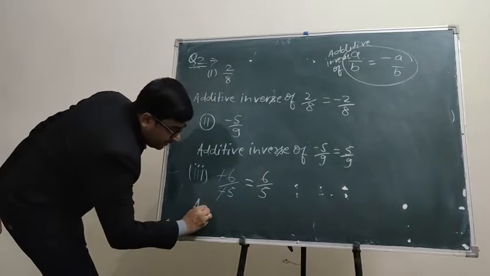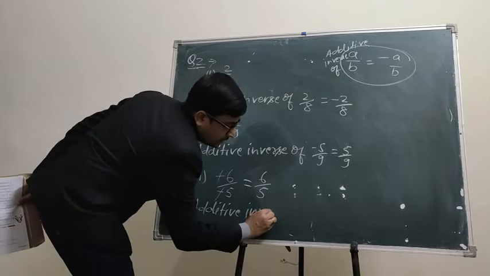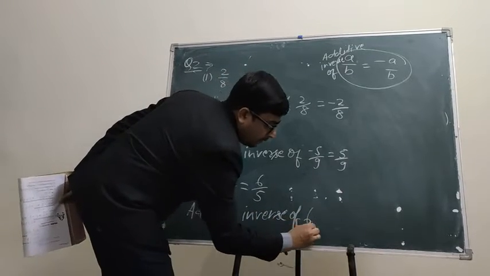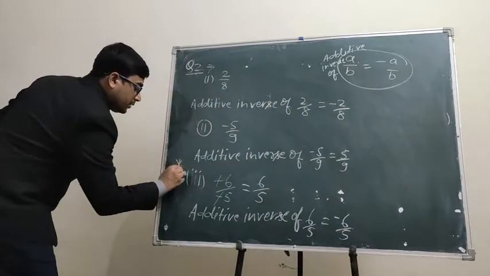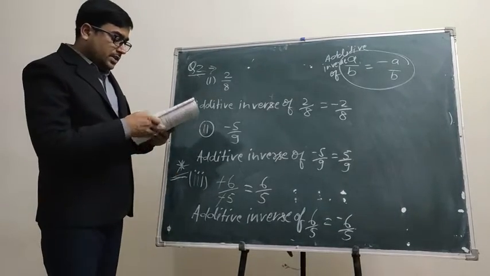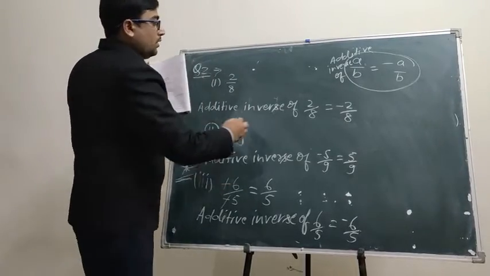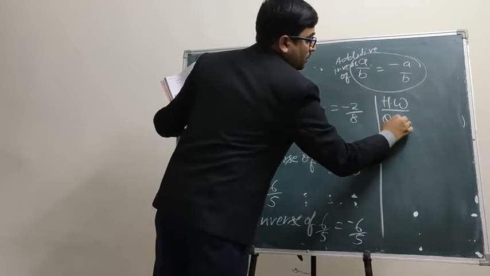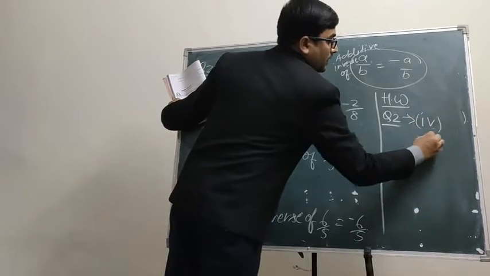So additive inverse of 6 by 5 is equal to minus 6 by 5. That is an important question. And the rest are for your practice, for your homework: question number 2, 4th and 5th.